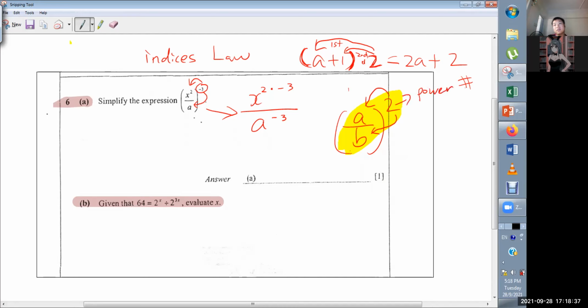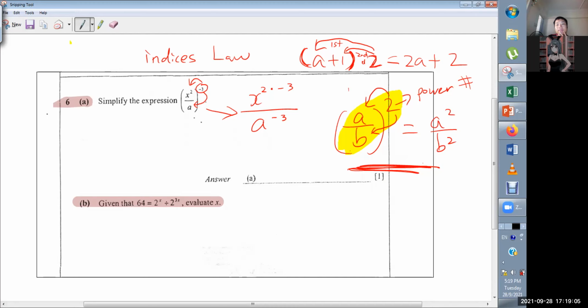So if the 2 goes into the A, and if the 2 goes into the B, the 2 has to remain to be the power. So therefore, you will get A to the power of 2, B to the power of 2. So does it make sense now for this example?